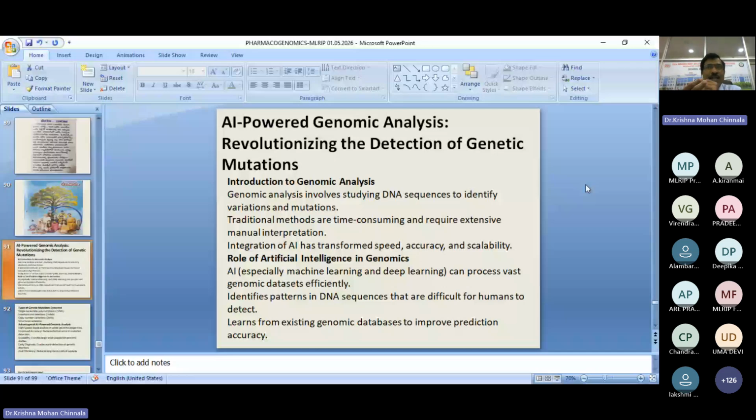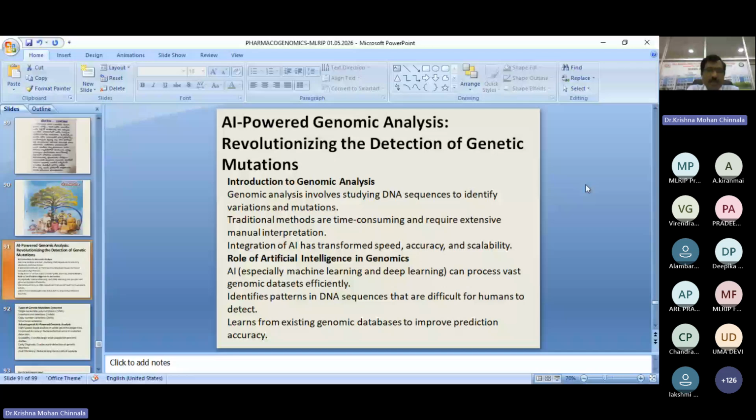Because of these AI tools, we can analyze them in a rapid manner and give the genomic picture to the patient. And a doctor also will learn with the AI how to identify and detect the clinical symptoms of that genomic picture and the cause for those, like pathophysiology symptoms. Then he can prescribe the medicine.